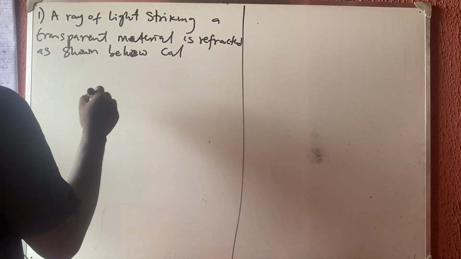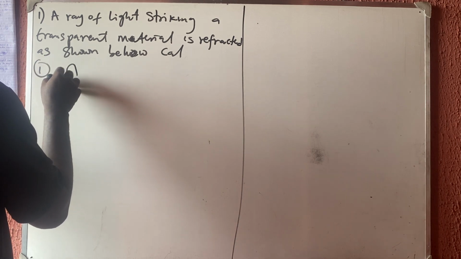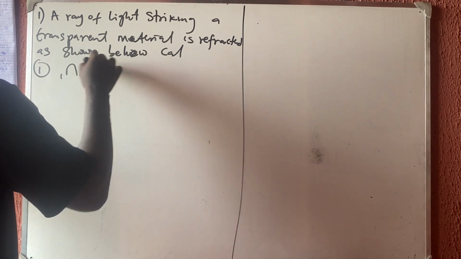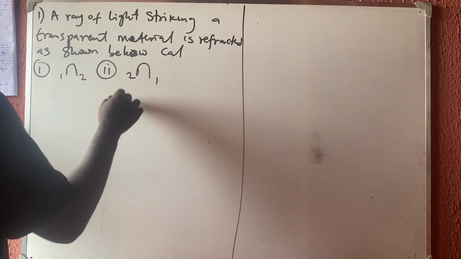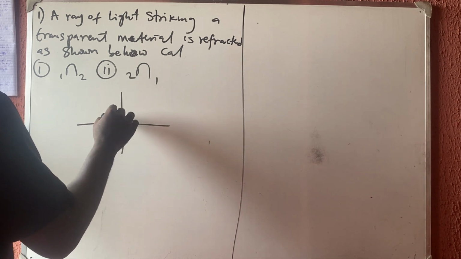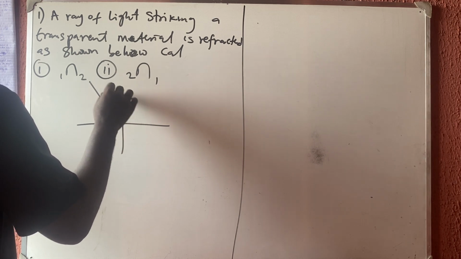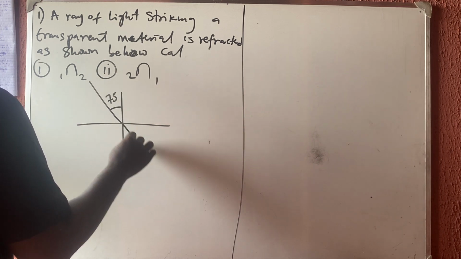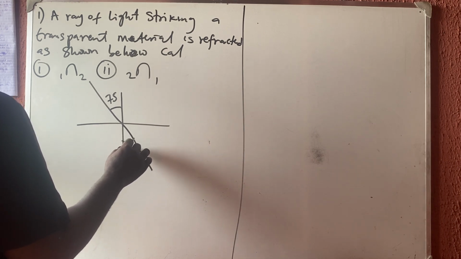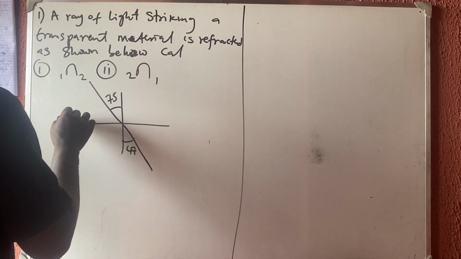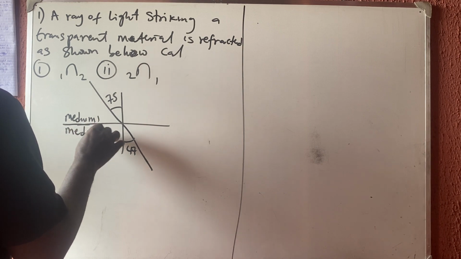Then they say calculate (i) the refractive index from 1 to 2, then (ii) the refractive index from 2 to 1. And then they gave us a picture like this. They say that this one is 75, while this one is 47. And here is medium 1, and here is medium 2.